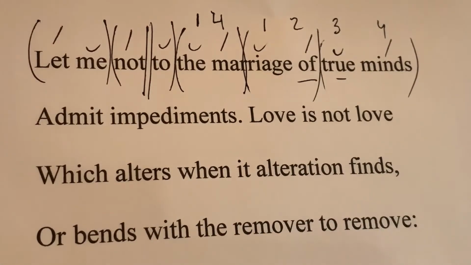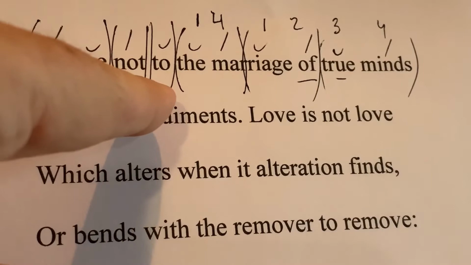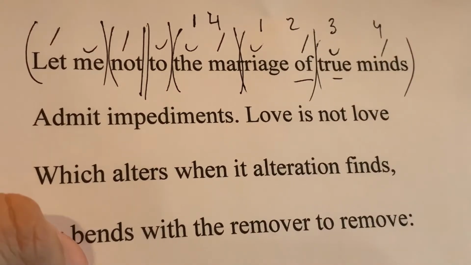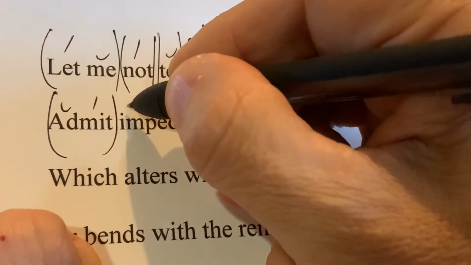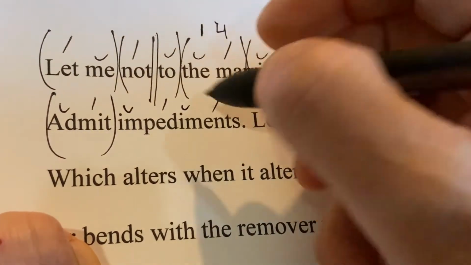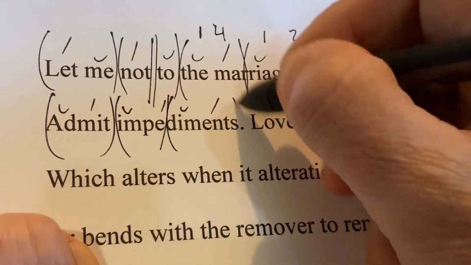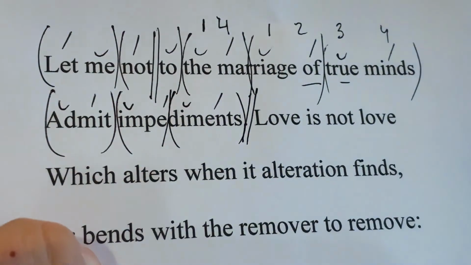But it's not an anapest because the caesura has split the foot in half. And then we get to the next line, admit impediments. And then here is our caesura, you can hear it.